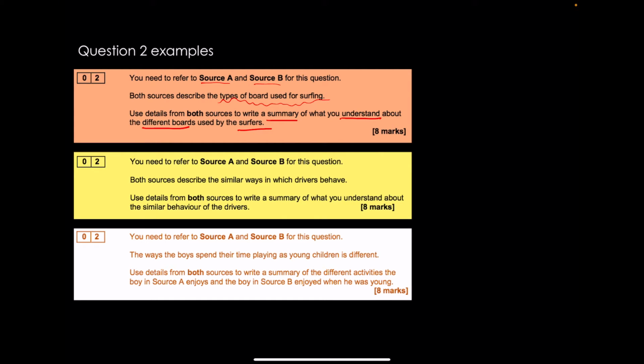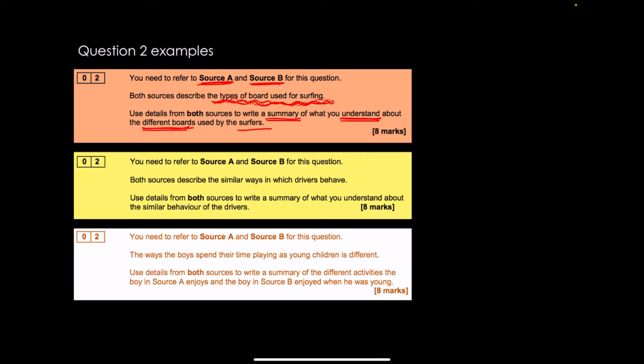You need to refer to both sources, and you need to think about the different types of boards used. And you've got to come up with a summary of what you understand about the different boards. Not too tricky.